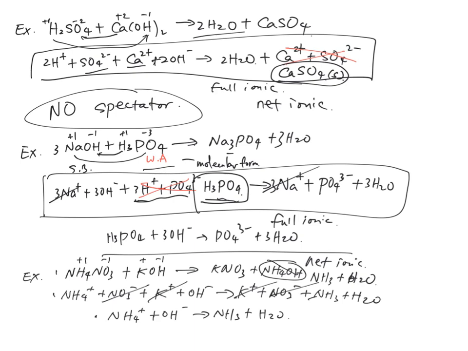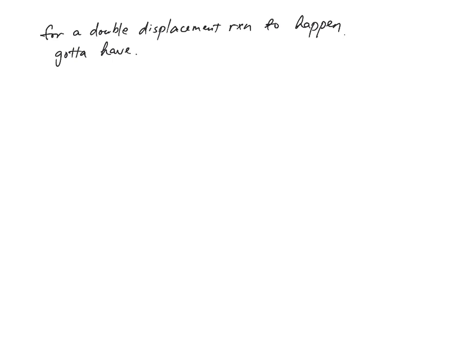So a conclusion you can come to at this point, let me generalize it for you: for a double displacement reaction to happen, your reaction has got to contain, as a product, either one, a precipitate or insoluble compound.